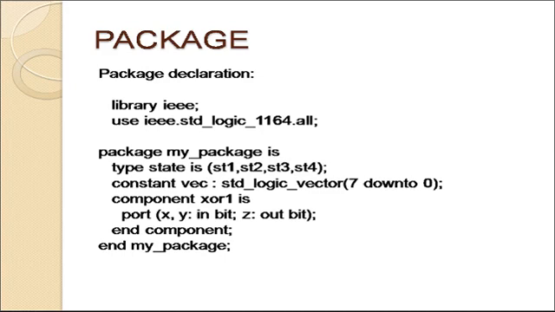There might be so many packages, and such packages are put in a library. At the top there is a library. Inside a library there are packages, and inside packages there are the different things such as types, components, functions, procedures. All these things will be over there.